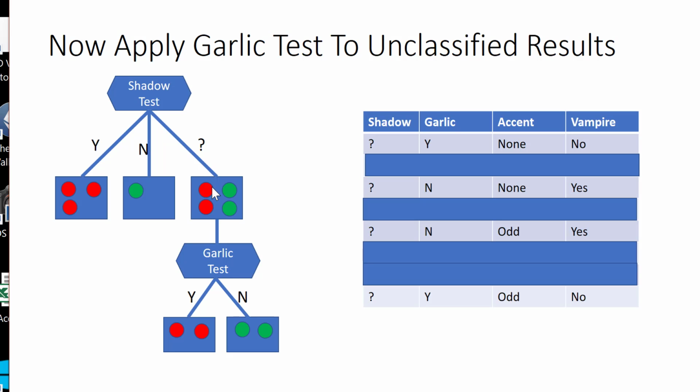So the amount of disorder gives us a very good test for which of these, shadow test, garlic test, or accent test, we should apply first, and then which should we apply second. Okay, so this is important to understand that we have a metric now for deciding exactly what test to apply.